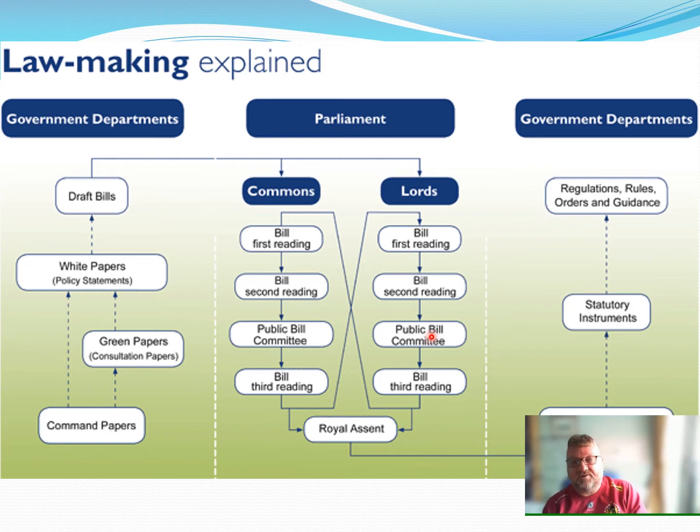That is how a law goes through Parliament. So if you get the question, that's what you need to know. So take a snapshot of that diagram, remember it. Don't worry too much about these bits here, that's not a problem. Just those key bits that I've highlighted for you will get you the marks in any question that comes up on this.